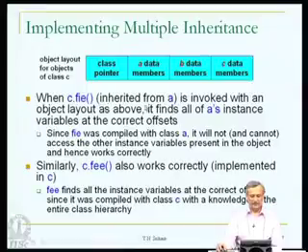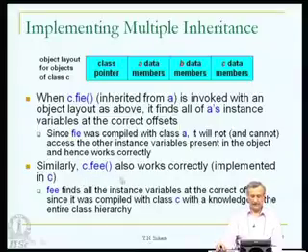So, that is what is mentioned here. When C dot phi inherited from A is invoked with an object layout as here, it finds all of A's instance variables at the correct offsets, no problem at all. Since phi was compiled with class A, it cannot access the other instance variables present in the object and hence works correctly.